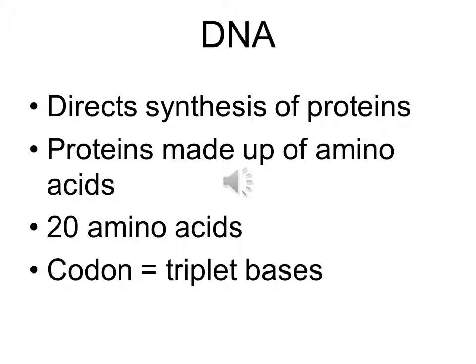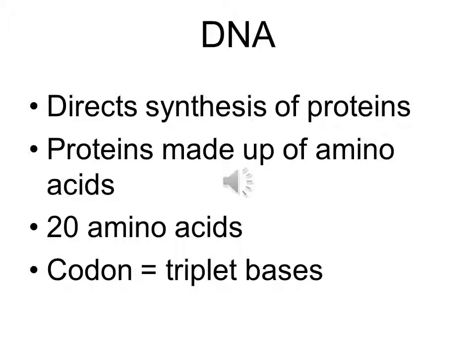Using a 2-base pair sequence would give us 16 possible combinations, but that still wouldn't be enough to code for 20 different amino acids. Using a 3-base pair sequence gives us 64 possible combinations, and this is how amino acids are coded. A 3-base sequence on the DNA molecule represents one particular amino acid.